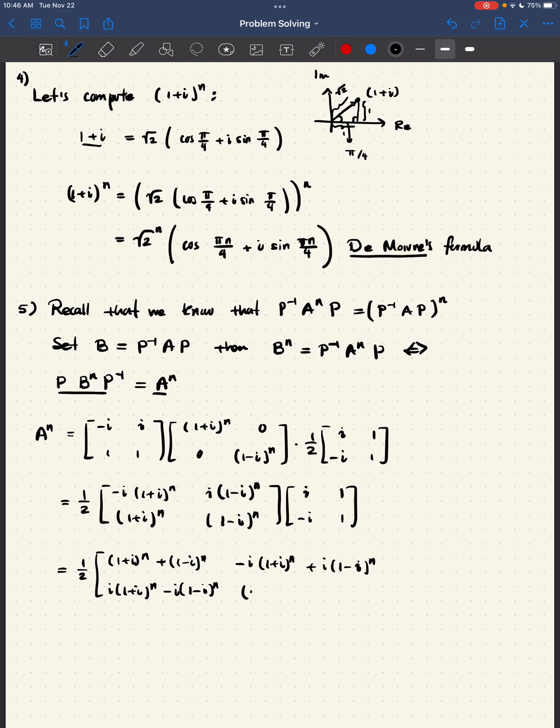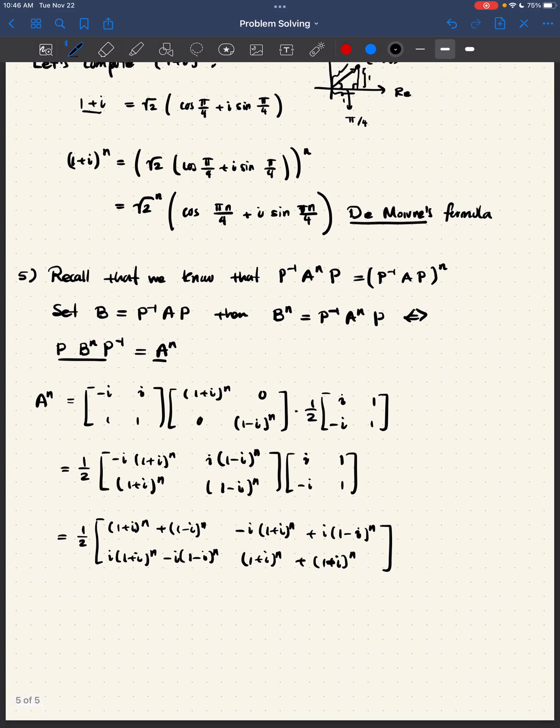And then on this entry, (1 plus i) to the power of n plus (1 minus i) to the power of n. And well, it turns out that this has to be a matrix with real entries.